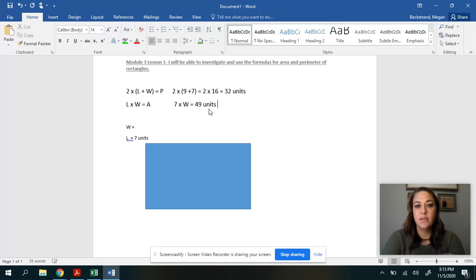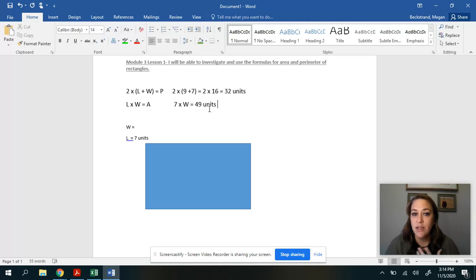So we have to work backwards, right? If we are multiplying to get that number, then we need to do the opposite to find our missing number. So we can skip count by sevens until we get to 49, to see how many groups of 7 we can make out of 49. You can use long division. There's a lot of different ways, but if you know your basic multiplication facts, then that should help you as well, right?